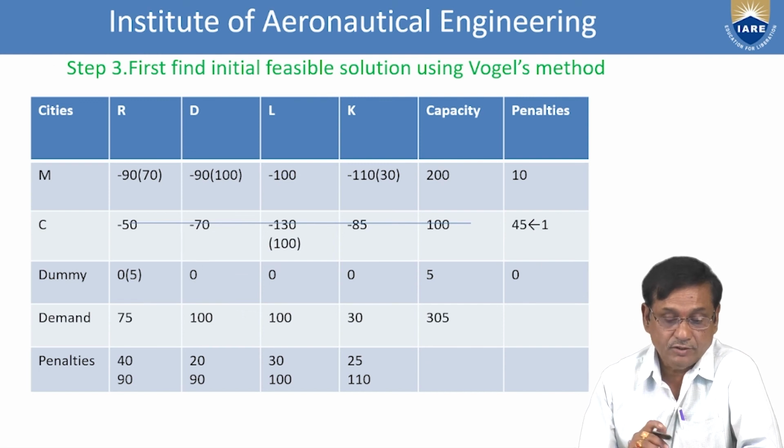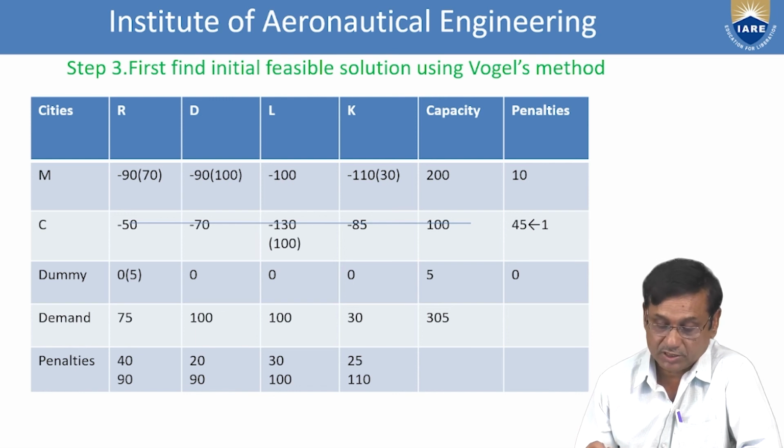So again, first find out the initial feasible solution by Vogel's approximation method. In Vogel's approximation method, we have to find out the penalties. In this case, the lowest element is minus 130 and the next lowest is minus 85. So minus 85 minus minus 130 is 45.